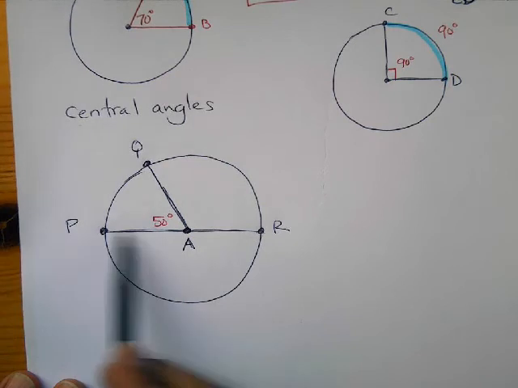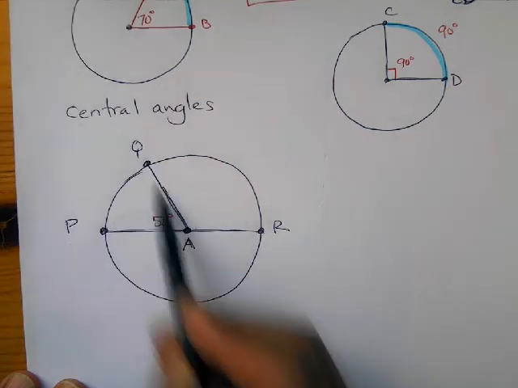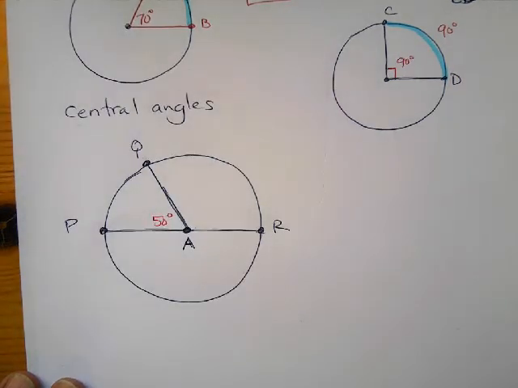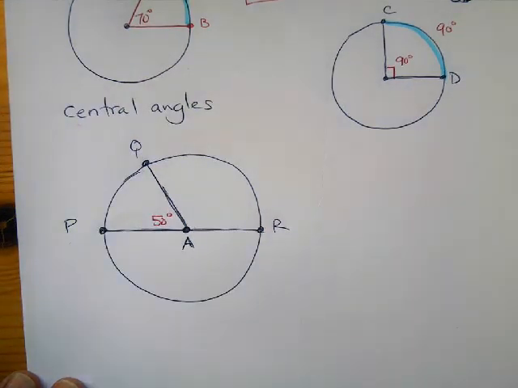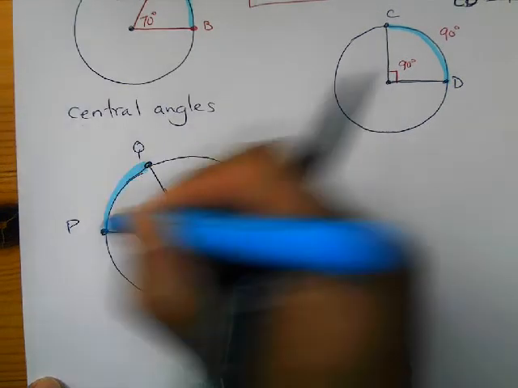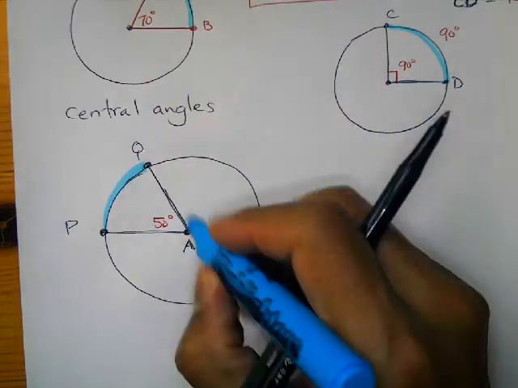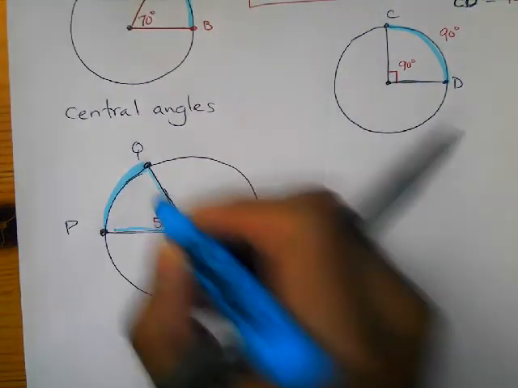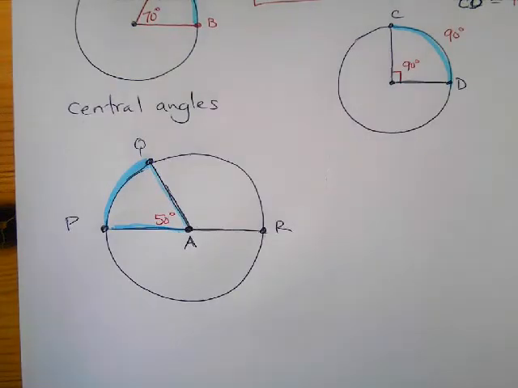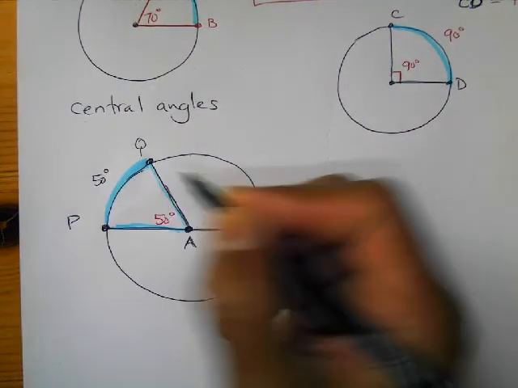If it's an angle, you use the three dots: PAQ or QAP. And if that one's 50, well, the arc is 50, right? If I follow these two lines, you'll see it makes sense. The arc is 50 also.